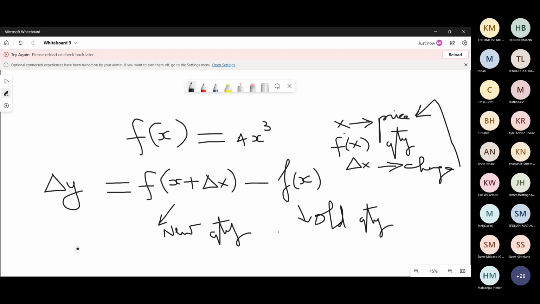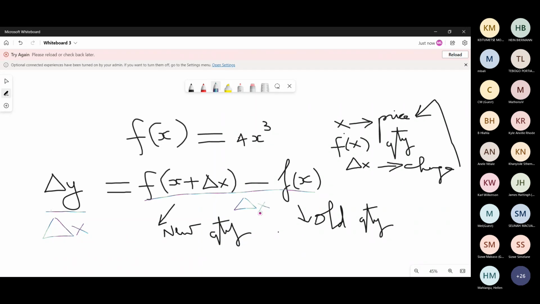Now we take the change in the quantity divided by the change in the price. So here we have all of this divided by delta x.